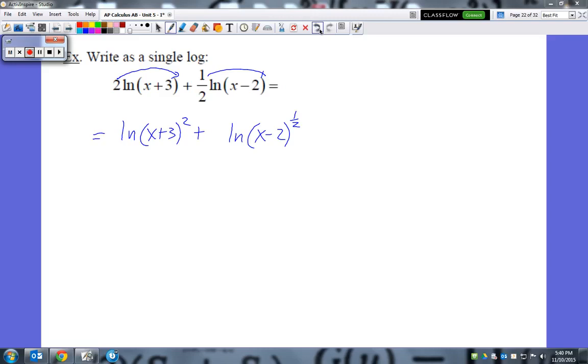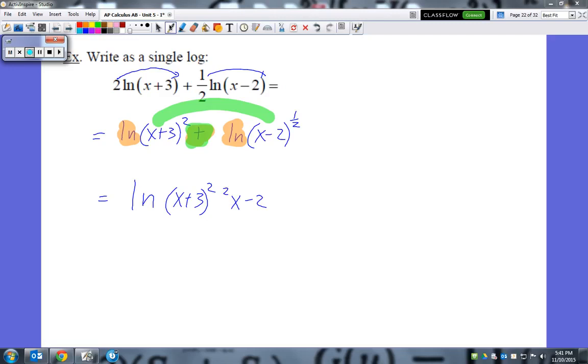And if I were to simplify and combine them, because they're logs with the same base, which is e, I can combine them when they're adding like this into one log. And that will be multiplication. Because this is addition, what will exist between these two arguments will be multiplication. So I'll have x plus 3 quantity squared multiplied with the square root of x minus 2.